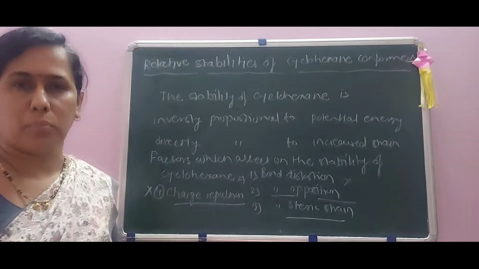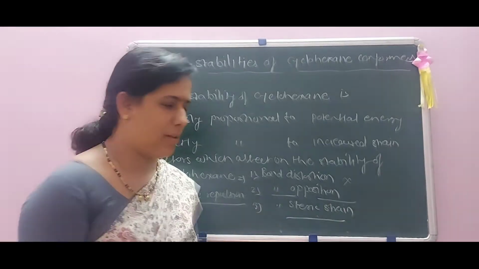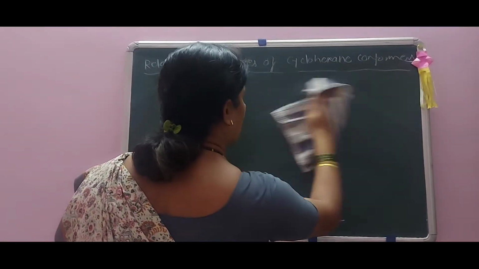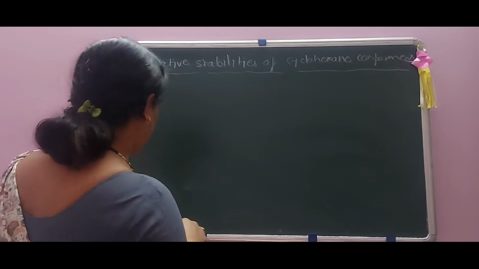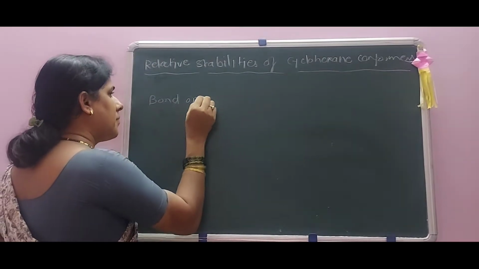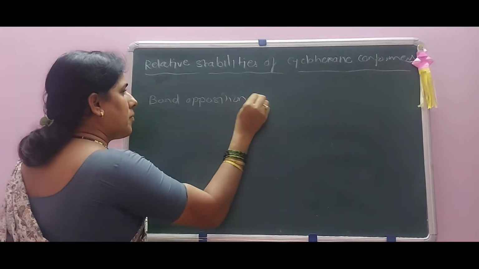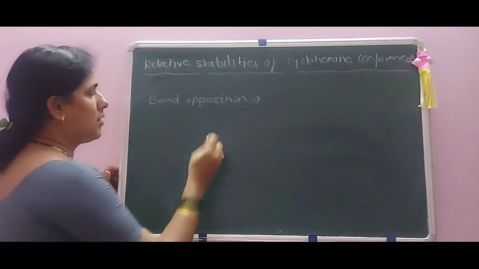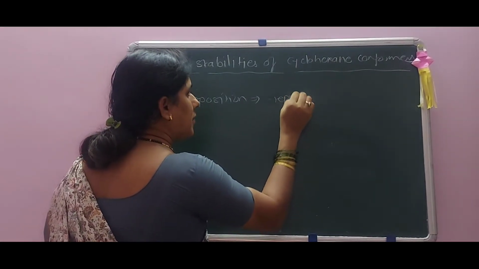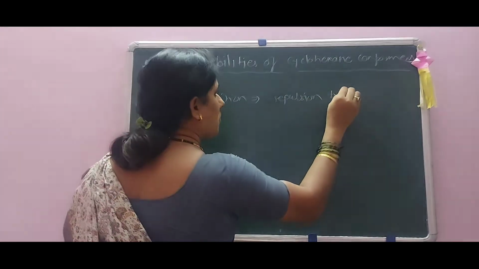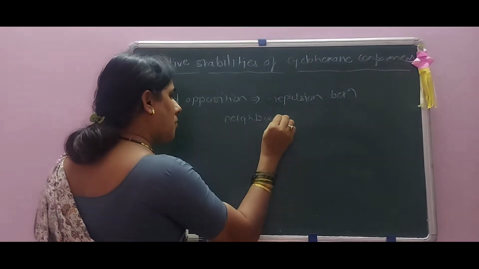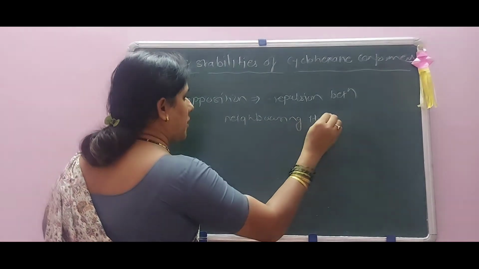Now what is meant by bond opposition and steric strain? Okay, see here. Bond opposition is due to the repulsion between neighboring H atoms.